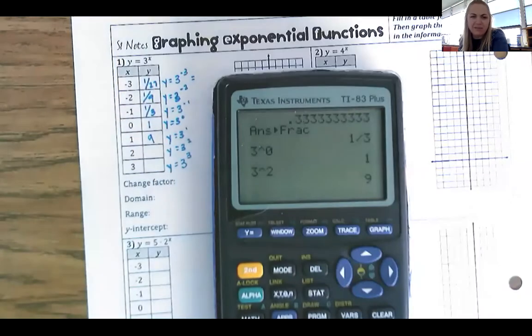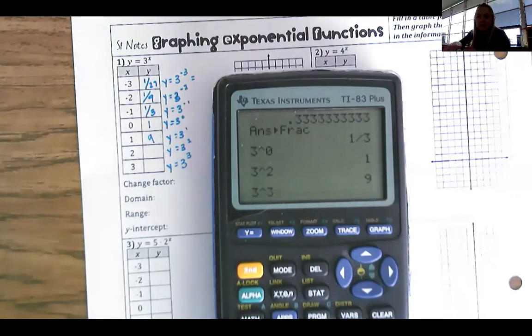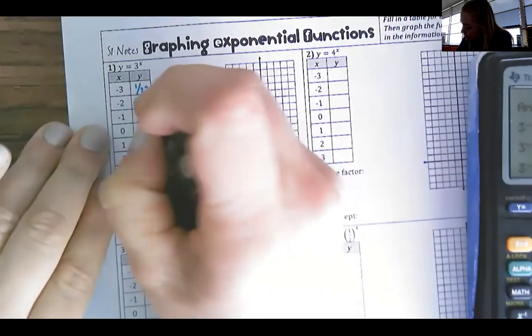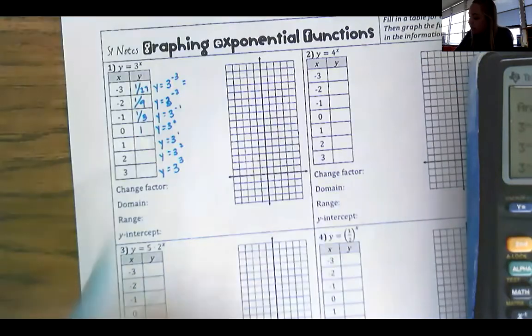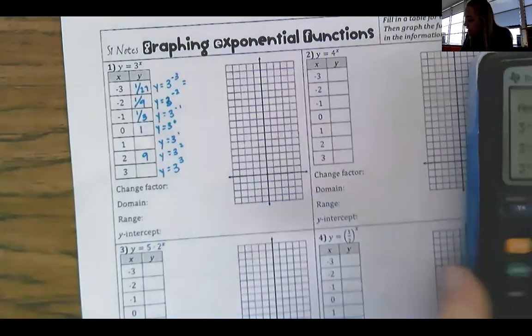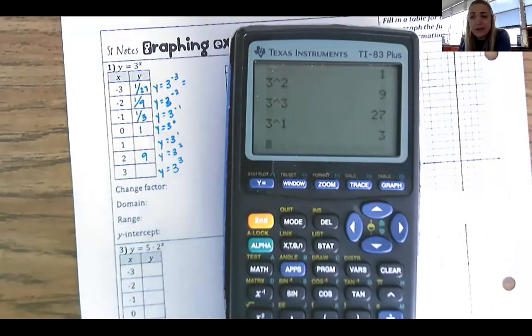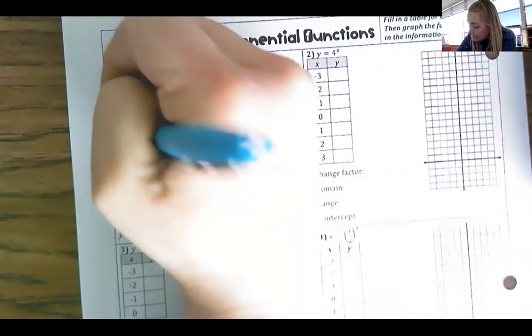Hopefully you knew that in your head, maybe not. 3 cubed, oh my gosh, I skipped 3 to the 1. 3 to the 1 is not 9. Okay. 3 squared is 9. 3 cubed is 27. And 3 to the 1, which I hope you already knew, is 3.